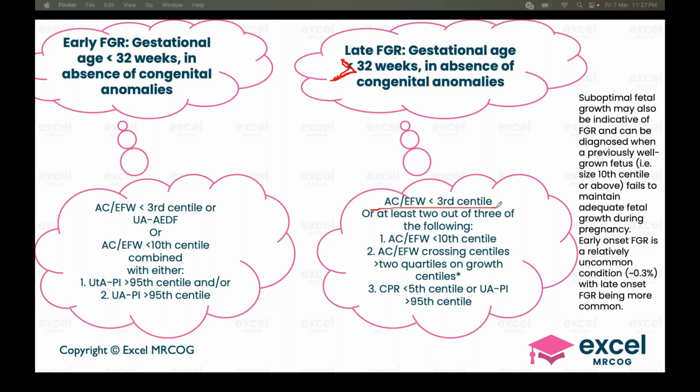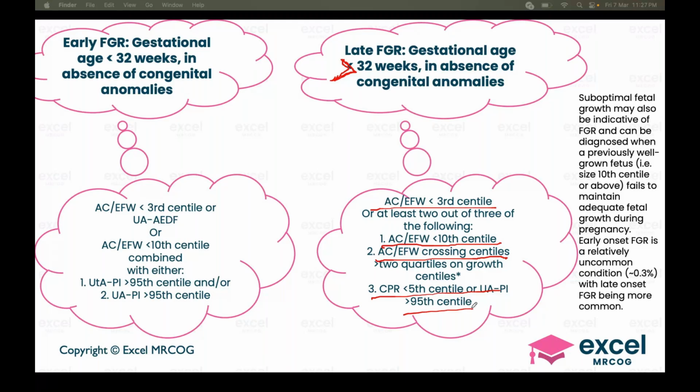EFW less than 10th centile with AC crossing more than 2 quartiles on the growth centiles. Now, what does this mean? I will show you in a bit. Or CPR. What is important in late FGR is the CPR, cerebroplacental ratio.